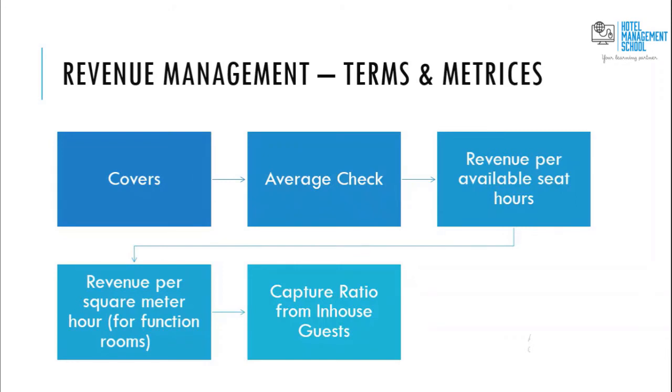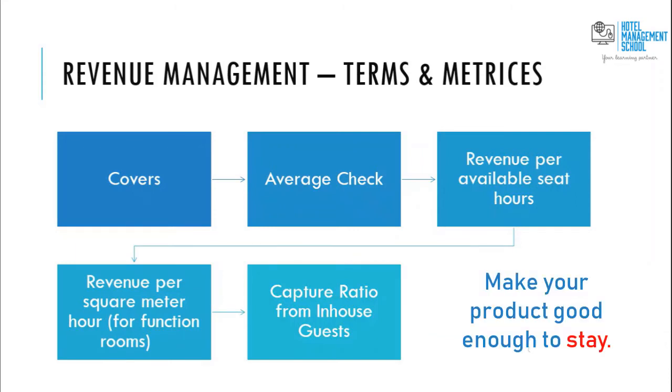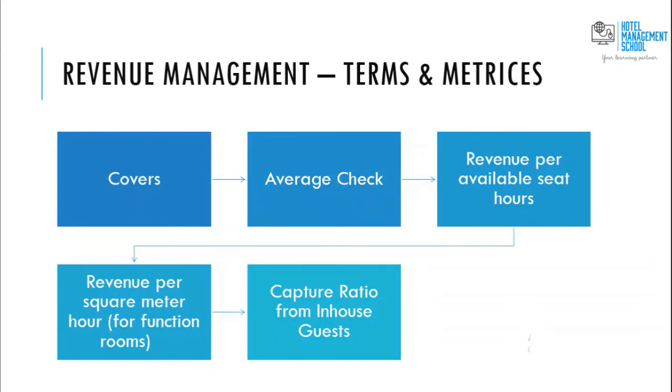You just need to do some billboards, put some information in the guest rooms, and make your product good enough for them to eat in the hotel also. If the capture ratio is very low, either your product is not good or you're not doing enough in-house marketing. To maximize revenue, this is the easiest source for F&B to capture because they don't need to go outside. They just need to go up and down in the same hotel.